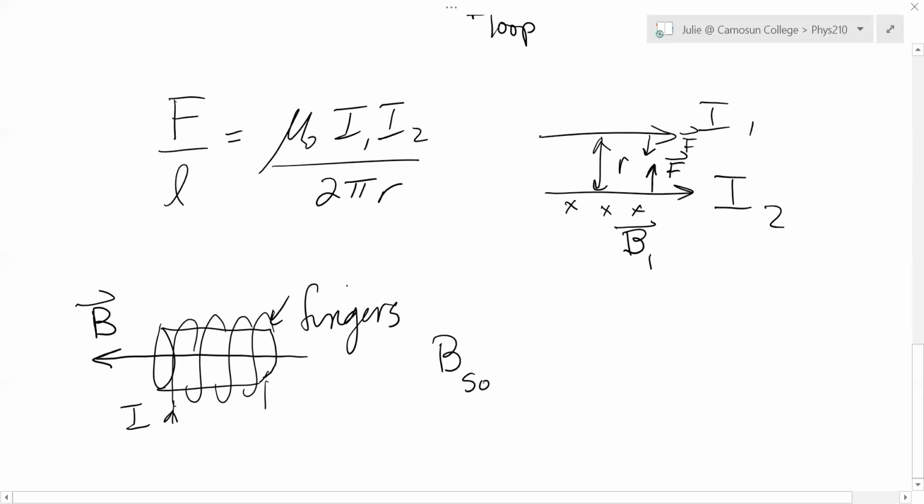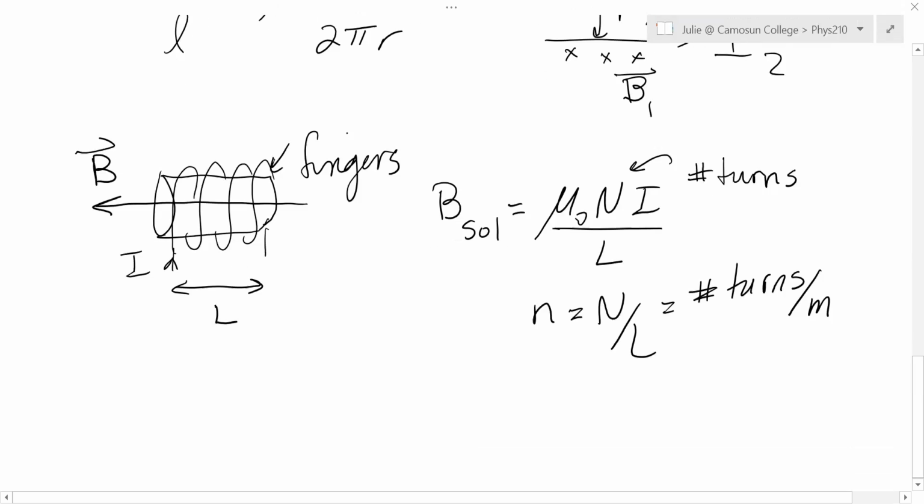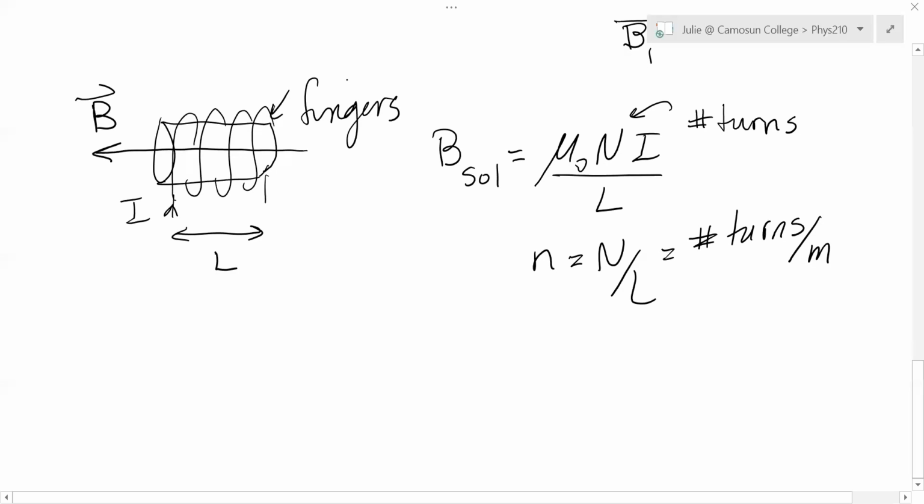And the formula for the solenoid is mu naught N I over L. So L is the distance that those wires turn on, whatever's supporting them. N is the number of turns. So clearly, if you put lots of tight turns of wire, so N over L is big, you get a strong field in the center. Sometimes they define little n as N over L, which is the number of turns per meter. They'll give you that number. The toroid, you don't do any problems with the toroid.